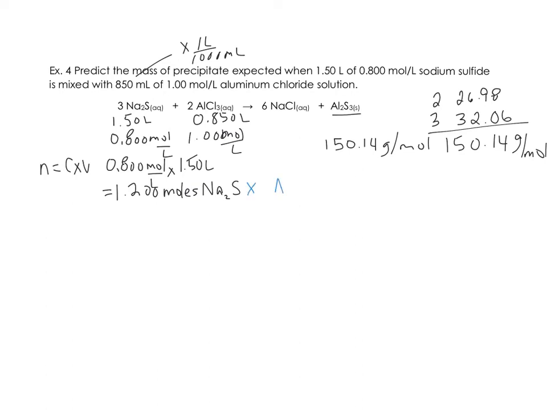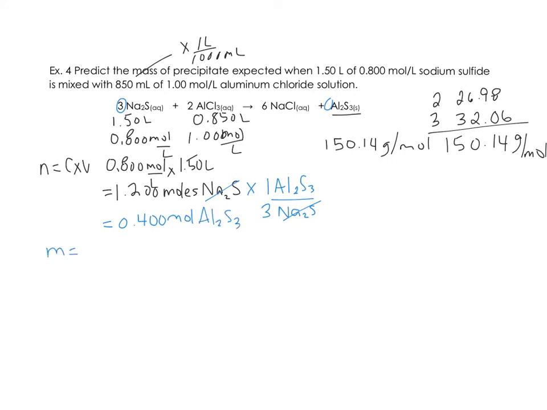So now convert that to moles of product. So we want to go to aluminum sulfide from sodium sulfide, and the mole ratio is 1 to 3 from our coefficients of our balanced chemical equation. Sodium sulfide cancels. So we have 0.4 moles of aluminum sulfide.